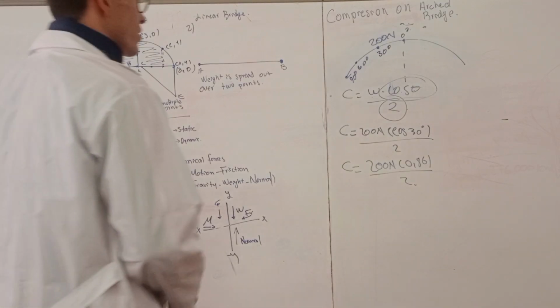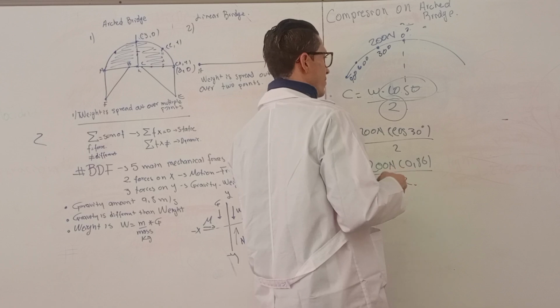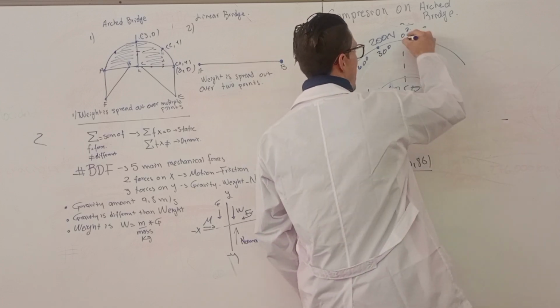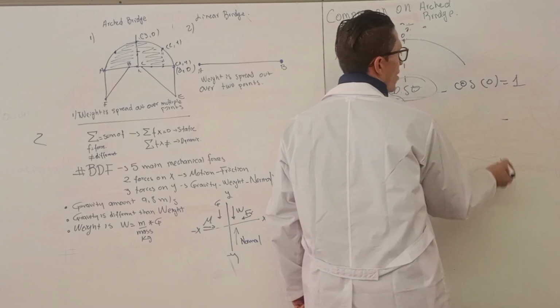Well, what is the difference? All the time, if the angle is 0, cosine of 0 equals 1.